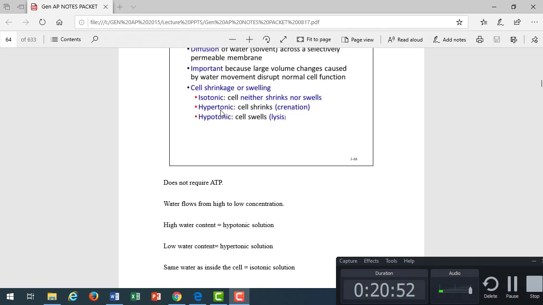It's going to go out of the cell because it's going to go from higher water in the cell to this concentrated solution that I just threw it in. So for example, if we take meat and we sprinkle salt on it, what happens to the meat? If you're making jerky, for example, water flows out of the cells of the meat, right, and forms a pool of fluid on the surface from the salt. So that's crenation. The cells will shrink.